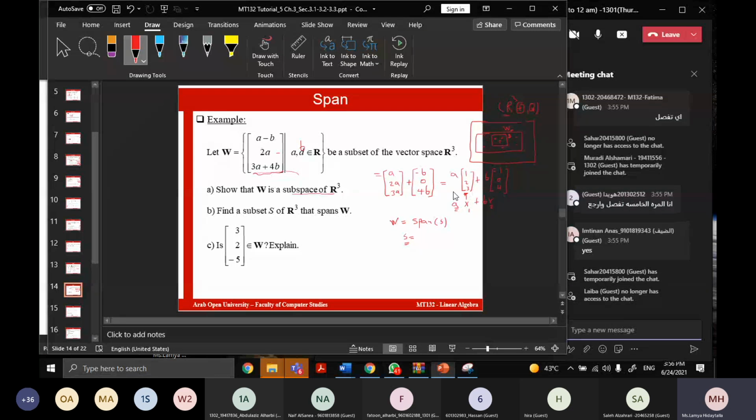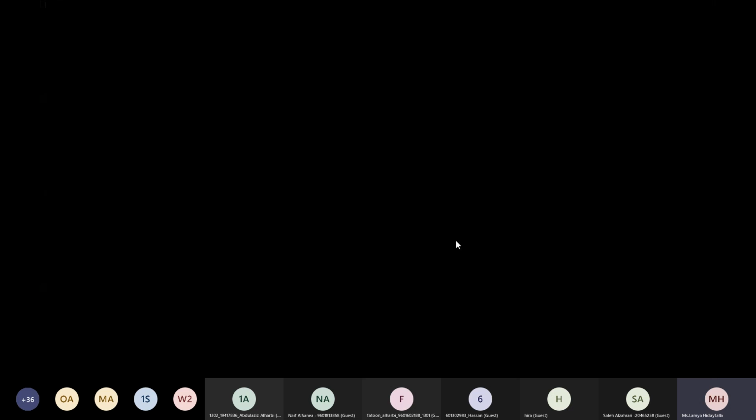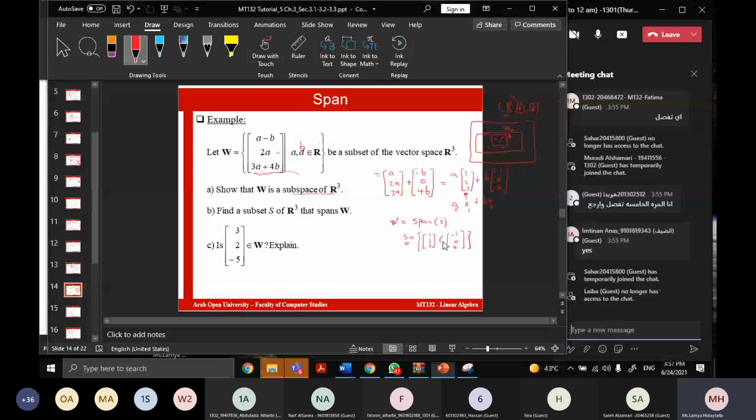It is the set containing the first vector (1, 2, 3) and the second vector (-1, 0, 4). So W equals span S. This is the S and this is the span S, so it is a subspace and I'm done.